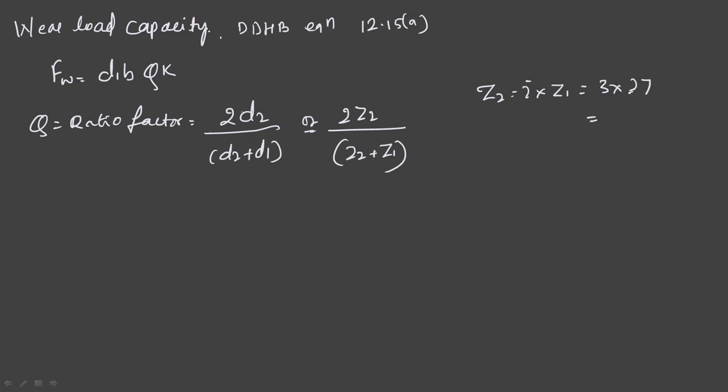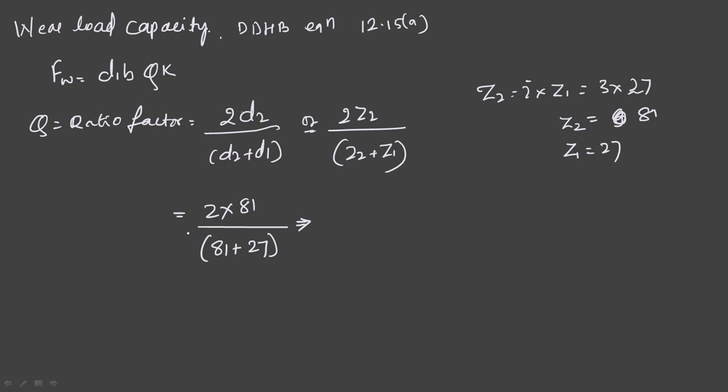So how much you are going to get? It is 81. Okay. 81 teeth. Z1 you got 27 teeth. Now let us find out the ratio factor here. 2 into 81 divided by Z2 81 plus 27. Okay. So this factor is always greater than 1.